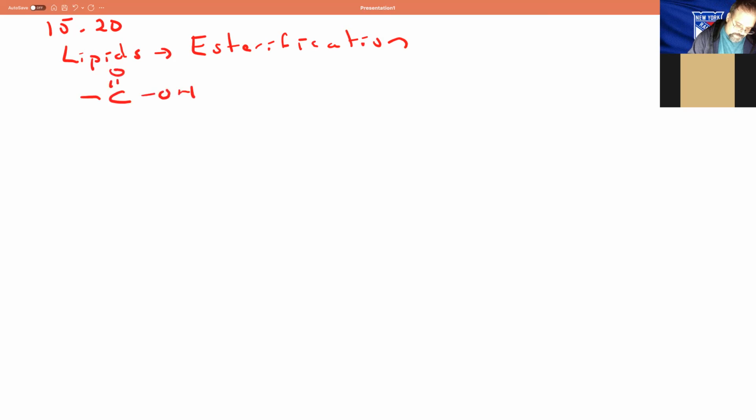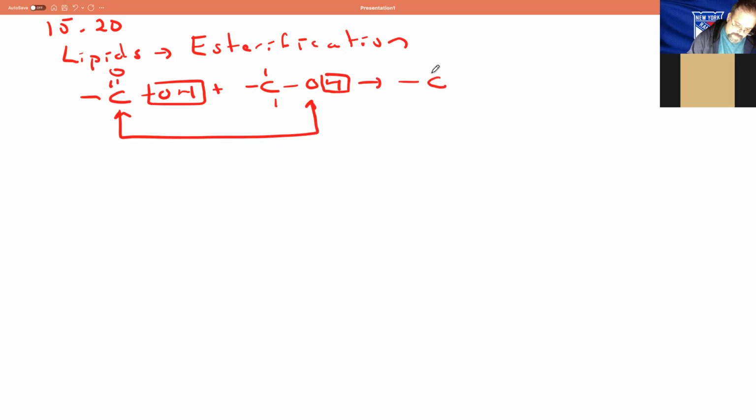All right, so essentially, the way that most lipids are made is by esterification. If you remember back to the discussion of esters, if you have a carboxylic acid plus an alcohol, we can combine them by taking the OH group off of the carboxylic acid and the hydrogen of the alcohol, and bonding the C double bond O carbon of the carboxylic acid to the alcohol oxygen.